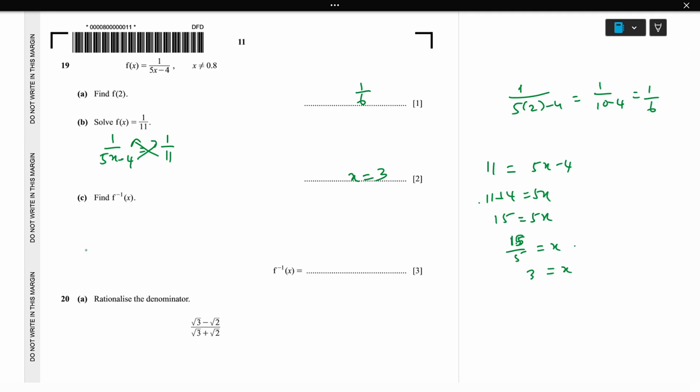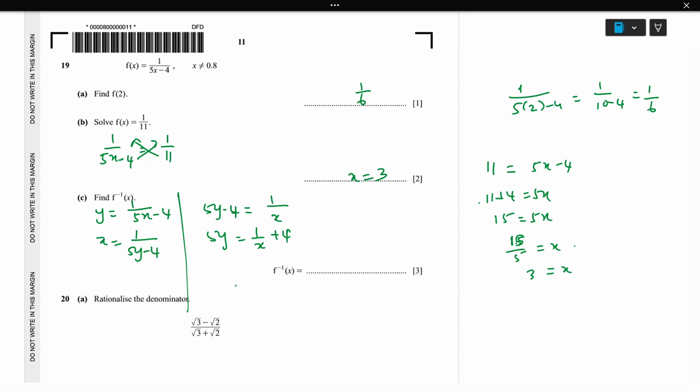Next one, do f inverse of x. So f of x equals 1 over 5x minus 4. I'll take y equals 1 over 5x minus 4. Swap x and y, so x equals 1 over 5y minus 4. Now make y the subject. Bring 5y minus 4 here and the x to this side, so it becomes 1 over x. Make y the subject: 5y equals 1 over x plus 4.